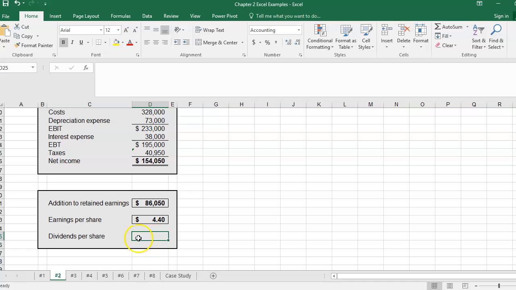Our dividends per share is the total dividends divided by the number of shares outstanding. So we take our dividends of $68,000 divided by our shares outstanding of 35,000, giving us a dividend per share of $1.94. Any person that owns a share of stock with our company gets $1.94 times the number of shares that they own.